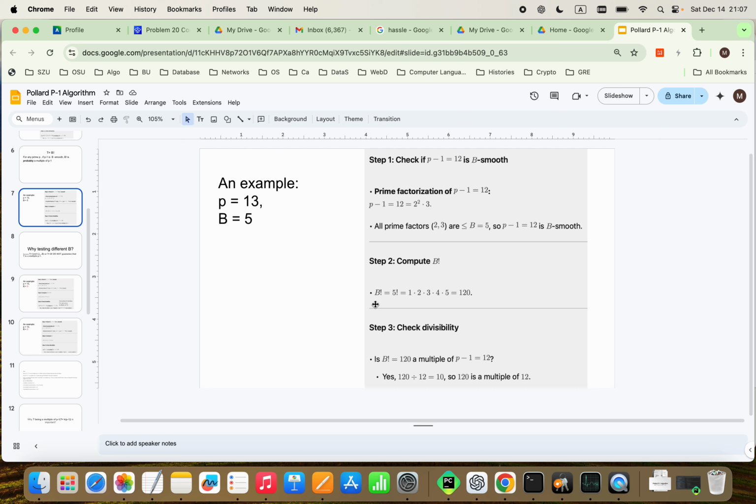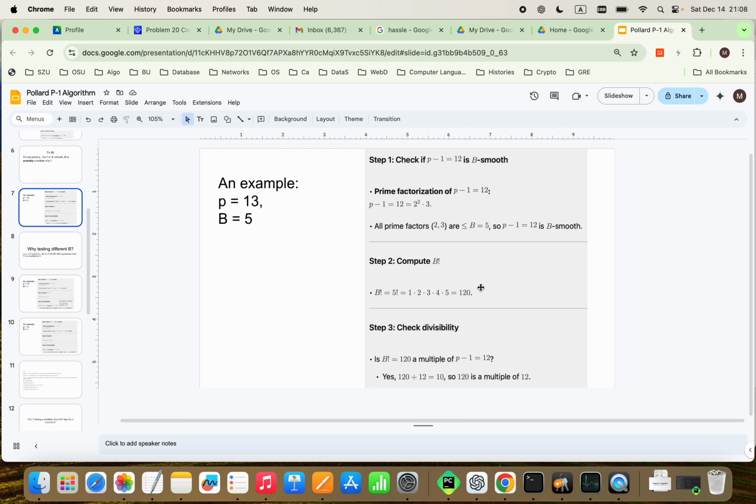Yes, it's a multiple of 12. So this formula helped us obtain a multiple of p-1. Because you see here the 2 to the power of 2, this factor is contained in the 4, and 3 is in the 3.